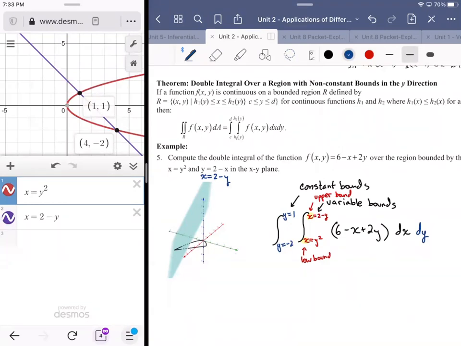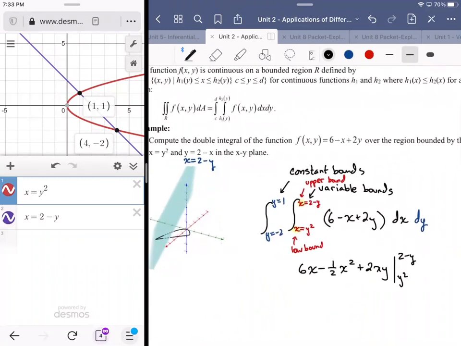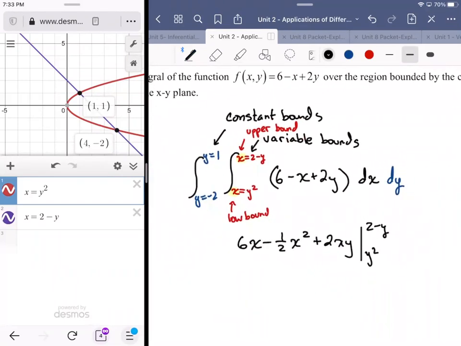And now it's just a matter of diving right in, integrating first with respect to x. So 6x minus 1/2 x squared plus 2xy, happening over y squared to 2 minus y. Not pretty, but doable, because again, we're letting the tech do the work.